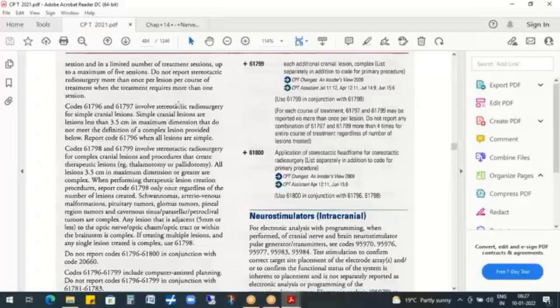The lesion diameter is less than 3.5 centimeter. What is the lesion diameter? Less than 3.5 centimeter. You can see the next paragraph: the lesion diameter is greater than 3.5 centimeter. That is complex.